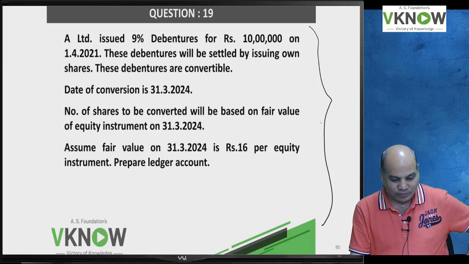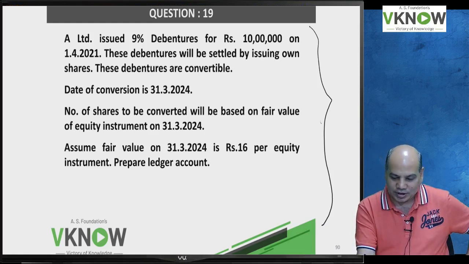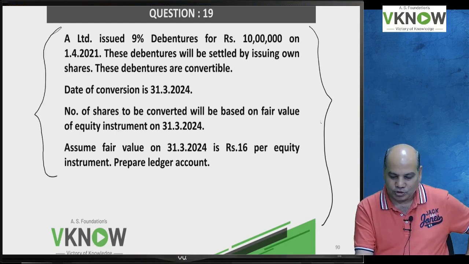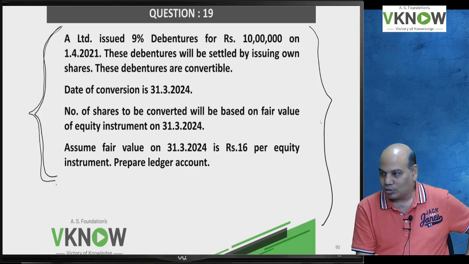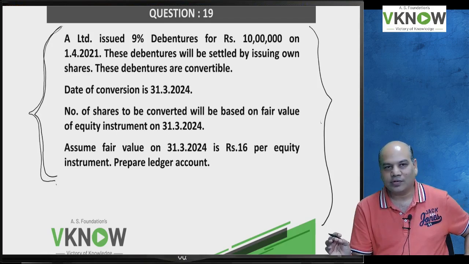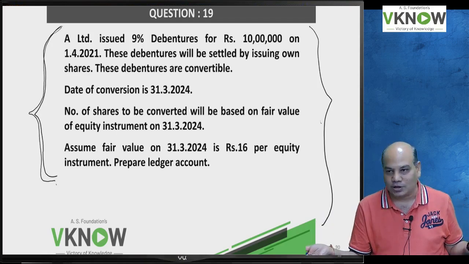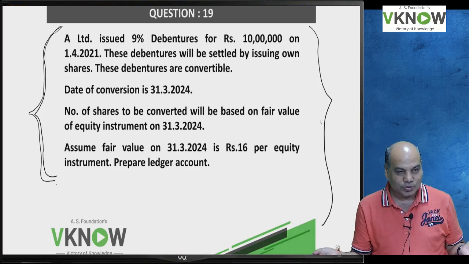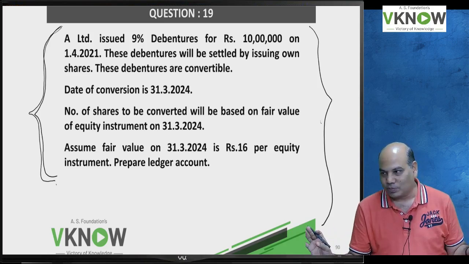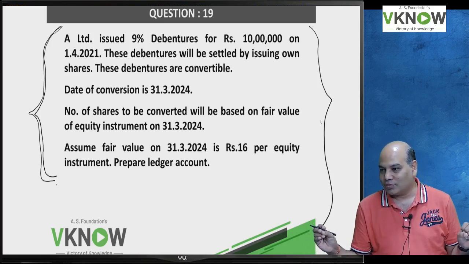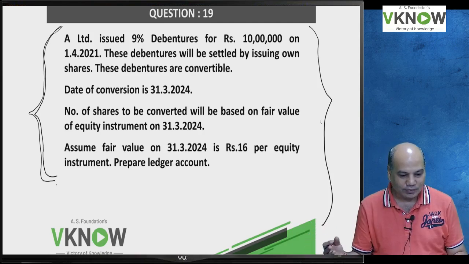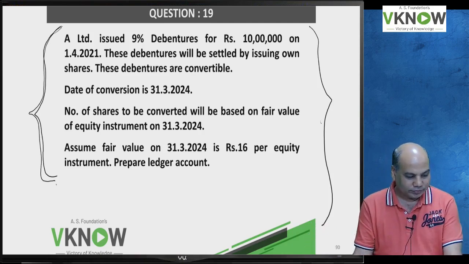Question number 19. That is why I have inserted some basic questions in between, so that the process will be smooth. The whole chapter will be over in the next 2-3 days and you will not realize I have covered financial instruments. Some students will guide you, sir, leave these two topics as an option. Ind AS 109, very difficult, very complex. It's not.